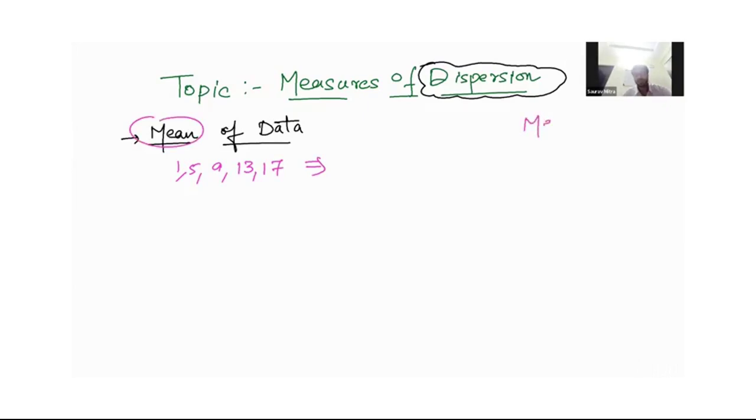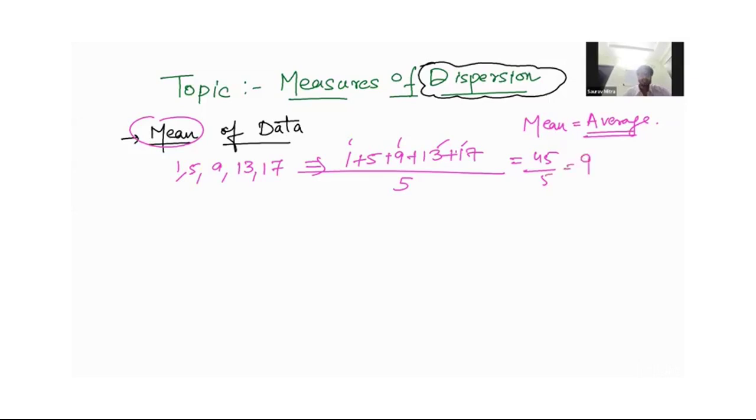So we have to calculate the average of this data, that will be 1 plus 5 plus 9 plus 13 plus 17 by the total number of outcomes, 5. That will be 45 by 5, that is 9.